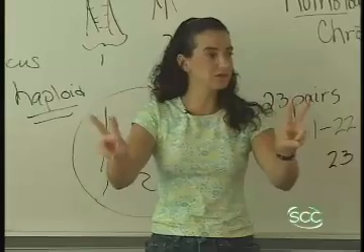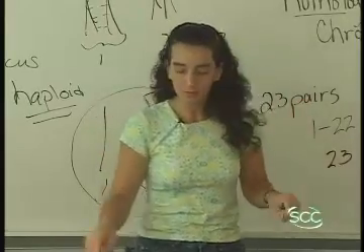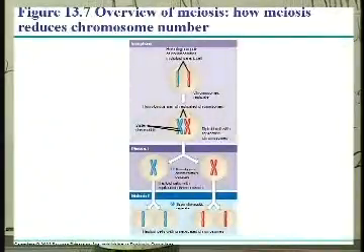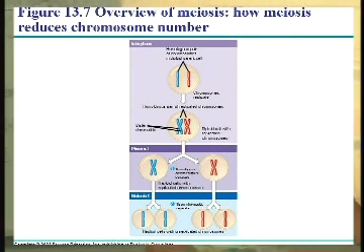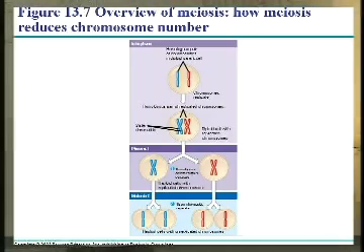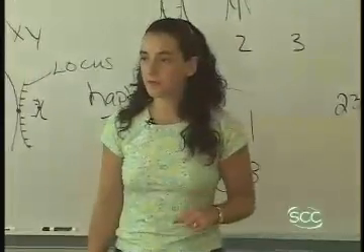The homologs separate, creating 2 daughter cells in the first cell division, each with a duplicated chromosome, but now only 1 instead of 2. Then the sister chromatids separate and give us 4 daughter cells with unduplicated chromosomes.